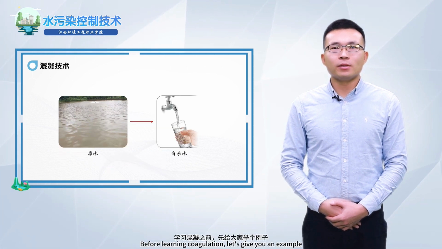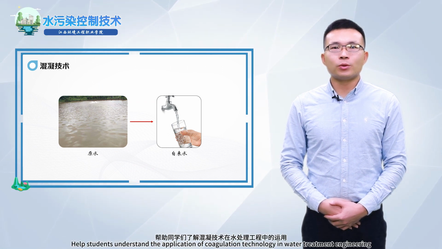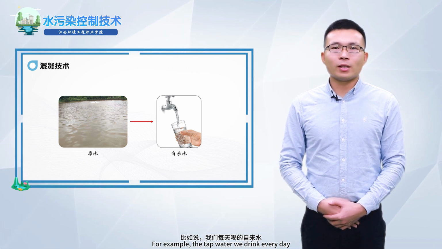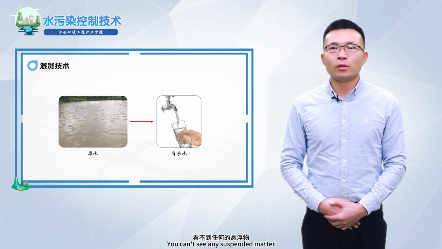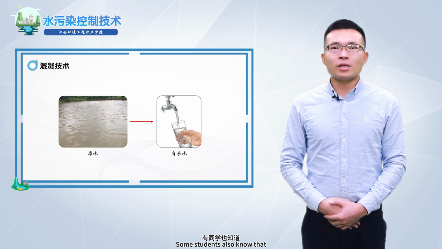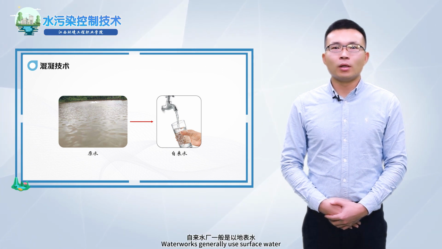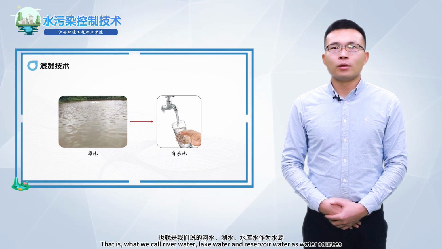Before learning coagulation, let's give you an example to help students understand the application of coagulation technology in water treatment engineering. For example, the tap water we drink every day is clear and transparent in appearance. You can't see any suspended matter. Some students also know that waterworks generally use surface water, that is, what we call river water, lake water and reservoir water as water sources.